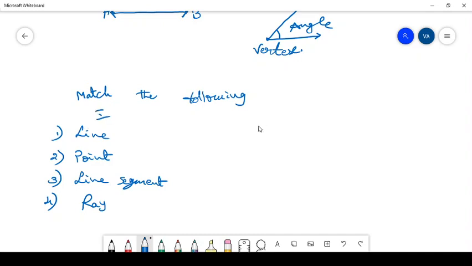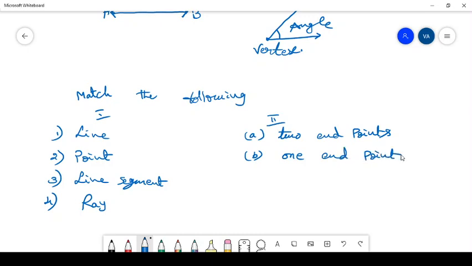Set 1 అనుకోండి, next here set 2: A, two endpoints, one endpoint, no direction, and so on. You can do match the following.